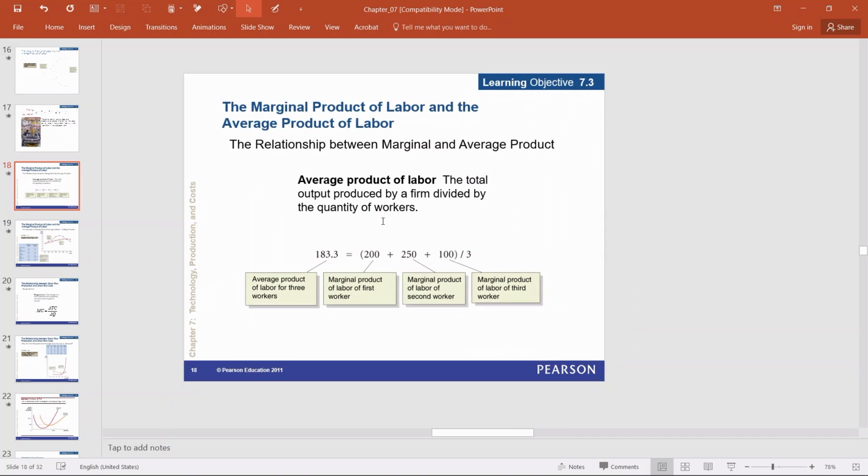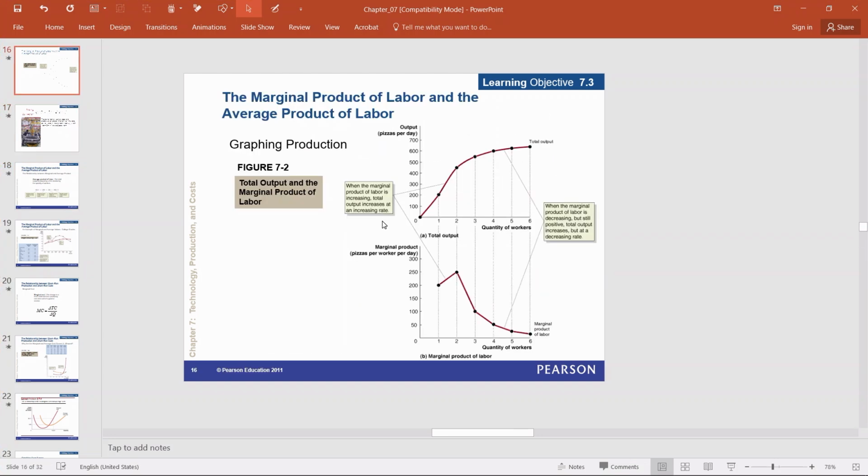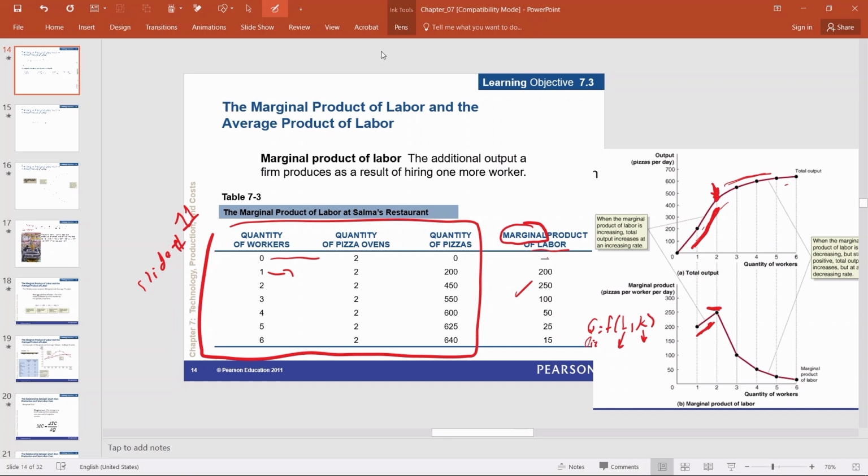This is the average product of labor. If I go back to these numbers, and you take the total output or total production at each level and divide it by the level of input, this is the average production per unit of labor.